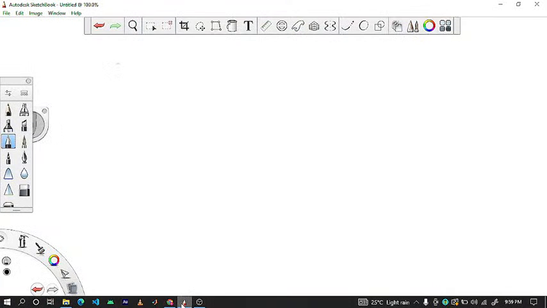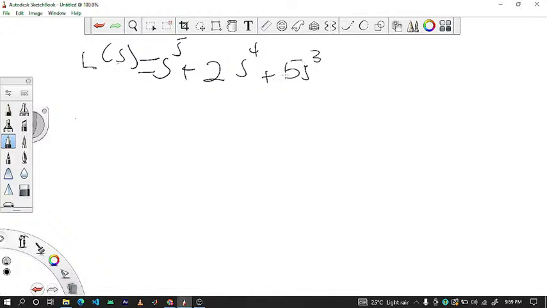All right, so we have L of S being equal to S to the 5 plus 2s to the 4 plus 5s cubed plus 14s squared plus 4s plus 24.